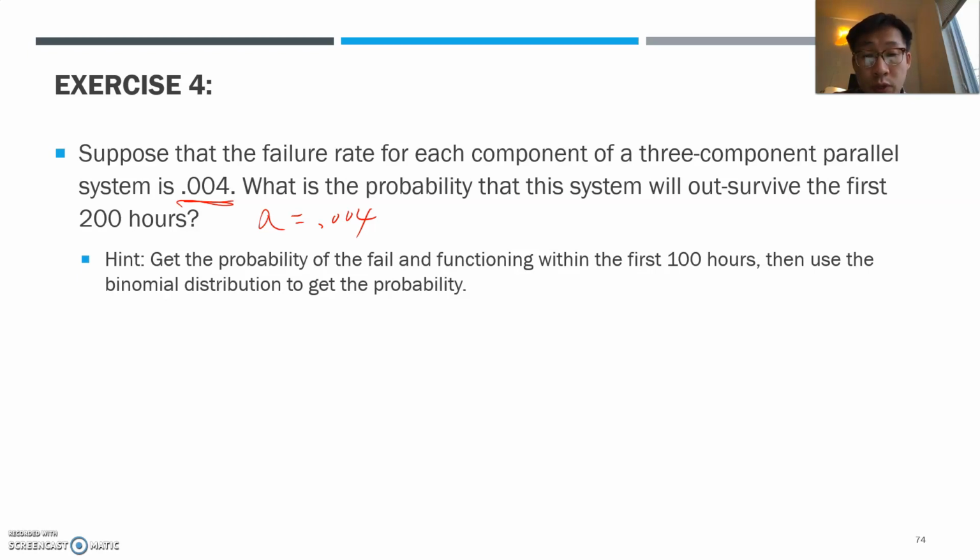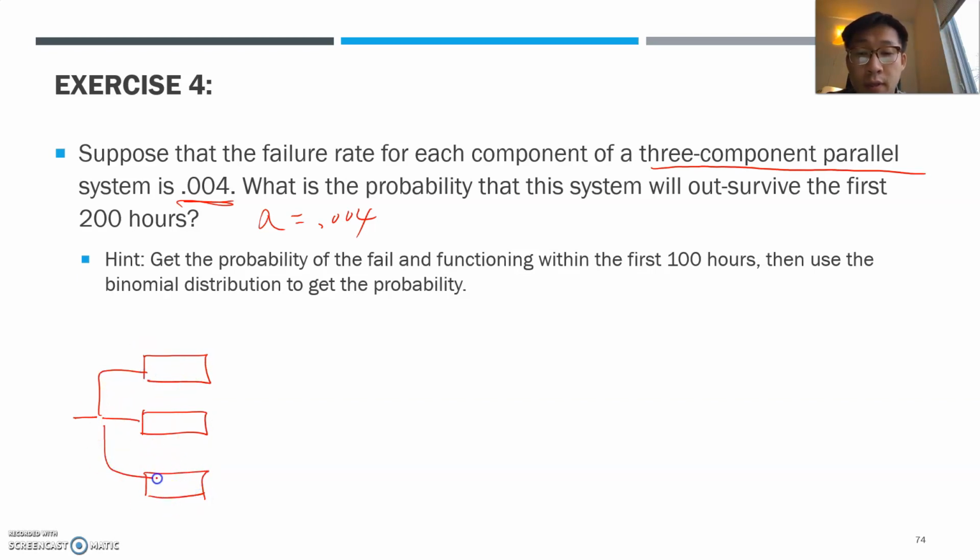Of course, when you have the failure rate lambda, you can always calculate the reliability, or the probability of surviving a certain point. So this is asking about a 3-component parallel system. Let me visualize this before I move on. It is a system like this, and we'd like to know the probability that this system will survive.